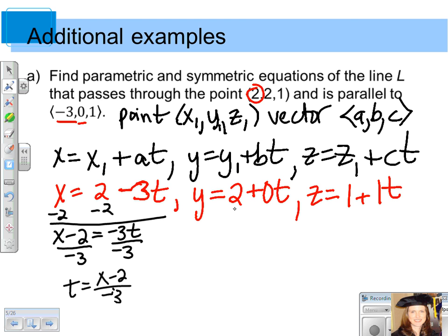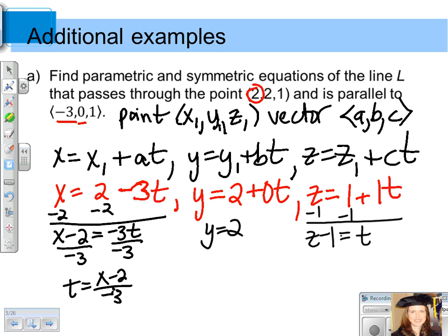Now for the y, this simplifies to y equals 2. Notice that you can't solve for t in that equation, so we use that as a separate part of the symmetric equations. Now let's solve the last one for t by subtracting 1 from both sides. You get z minus 1 equals t.